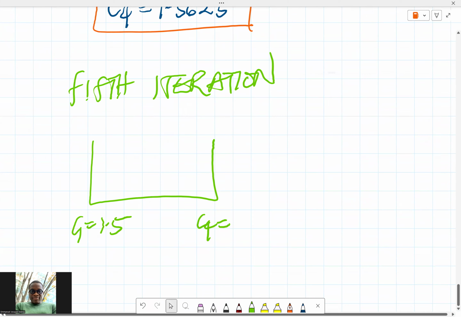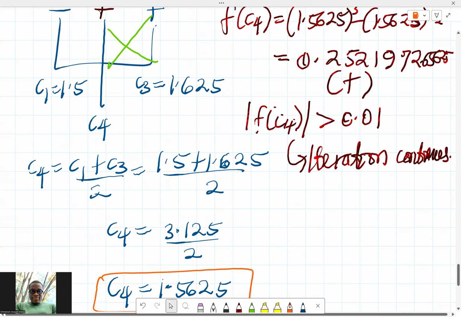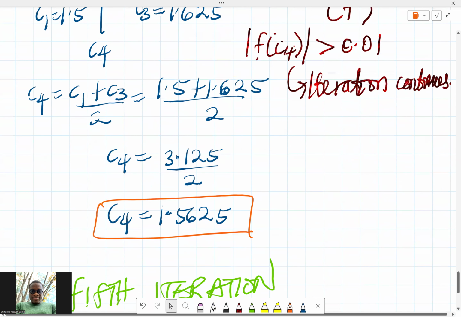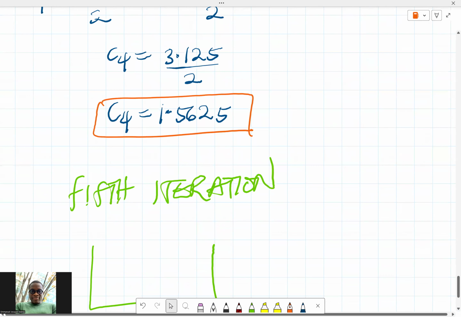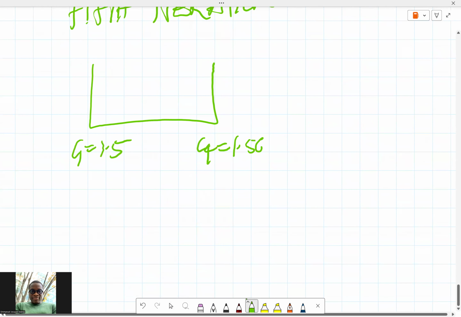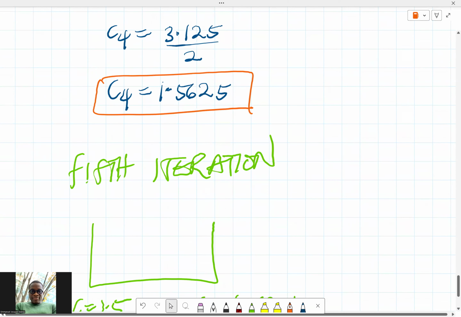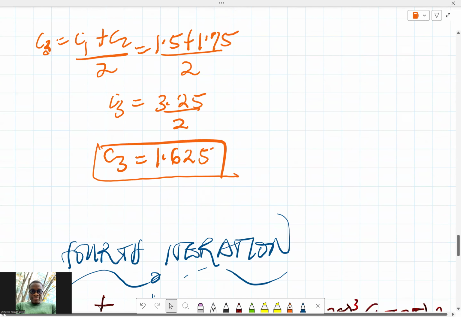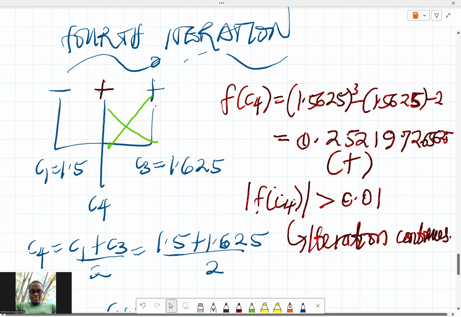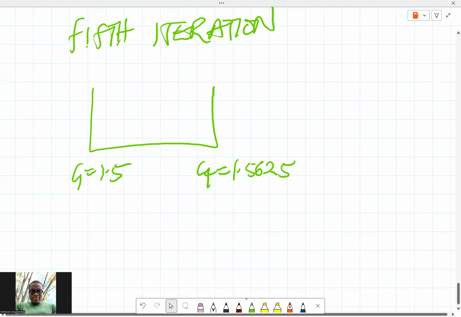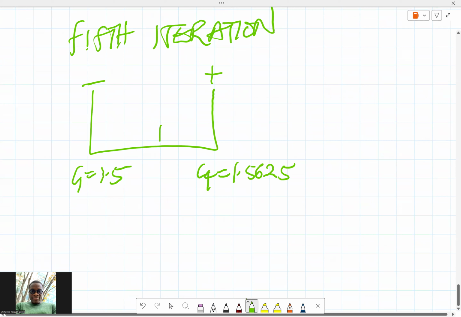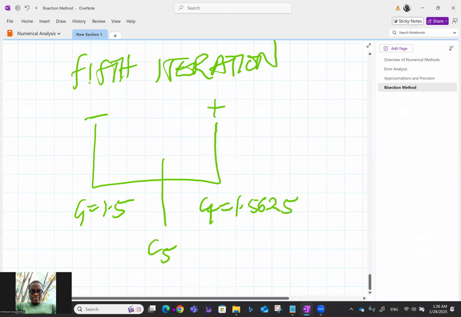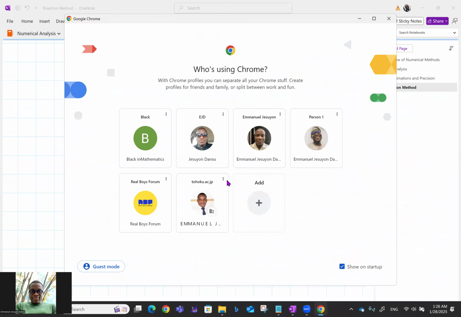C4 is 1.5625. And what about the signs? They are minus, plus. Normally we should go for C5, but let me complete the rest because it's taking too much time already. Let me just go to Python and take care of the rest.